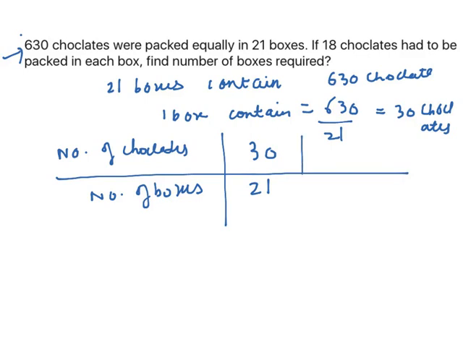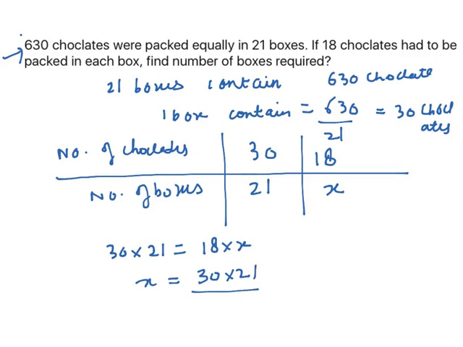Now we have to pack 18 chocolates in each box, and we have to find out the total number of boxes that we require. So it is a case of indirect variation. So we will equate their product. 30 times 21 will be equal to 18 times x. Now x will be equal to 30 times 21 divided by 18.